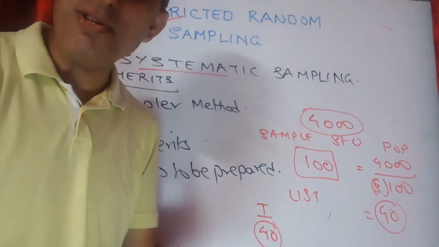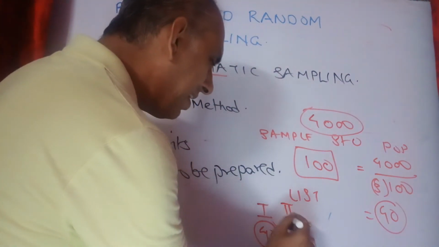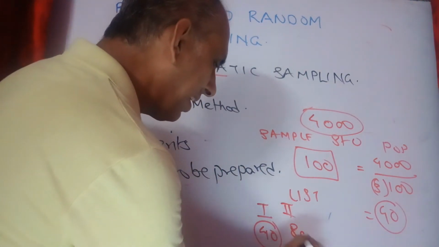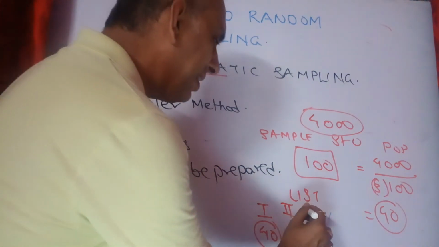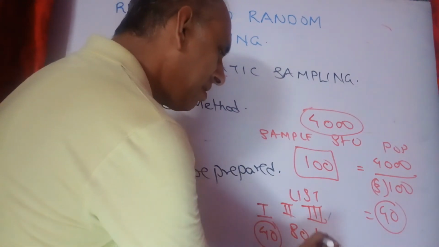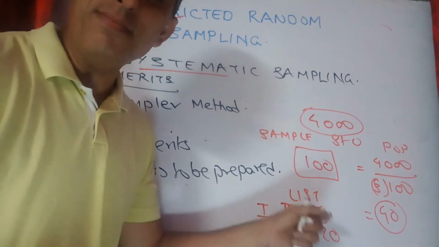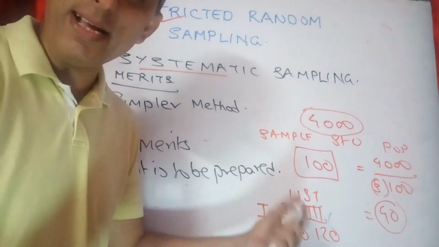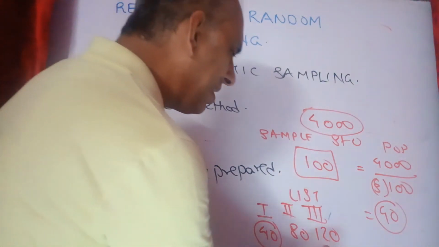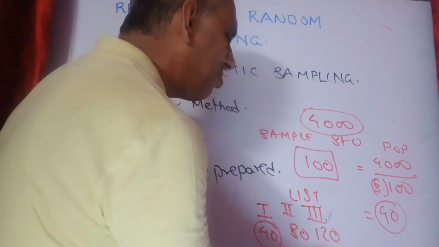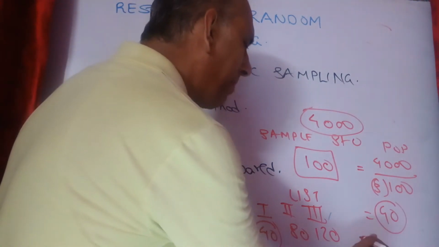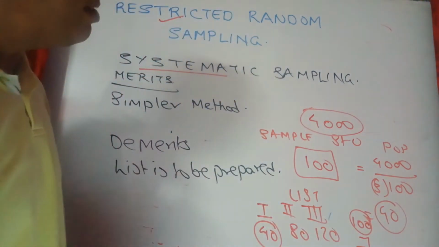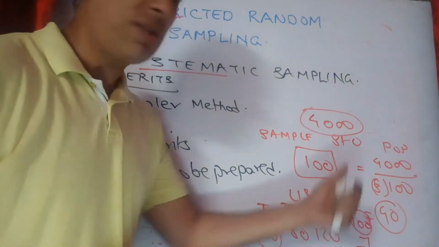Now, the second child will be the next one, multiplied by 2, which will take it to 80, right? The 80th roll number in the list. Third, 120th. By that time, maybe the KG and upper KG classes will start coming up, and henceforth you will continue this way, and as a result you will find the last, the 100th number to be picked for the sample, will be the 4,000th.